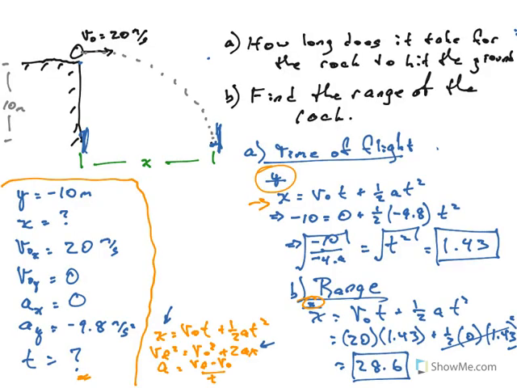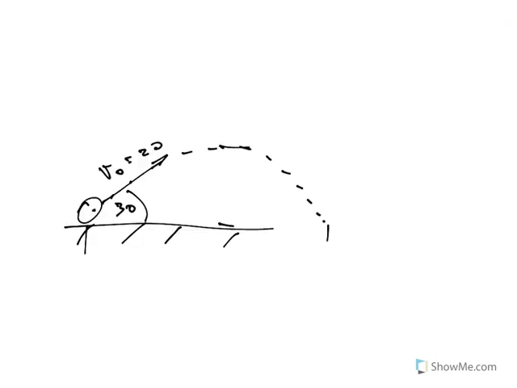Well, we have to do the same kind of technique we did here, except here the initial velocity was already broken into x direction stuff for you. For this problem, it's not. This velocity is at an angle. But that's not a big deal because we spent some time at the beginning of the semester with trigonometry specifically for this.